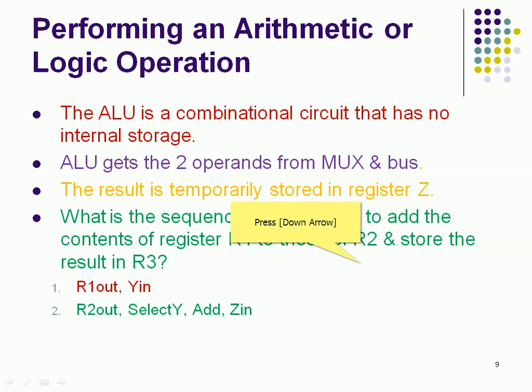In that sense, one operand we brought into Y, the other operand we are planning to bring in via B, right? Via B, that is R2 out, select Y. R2 out means it pushes the data onto the processor bus, right?